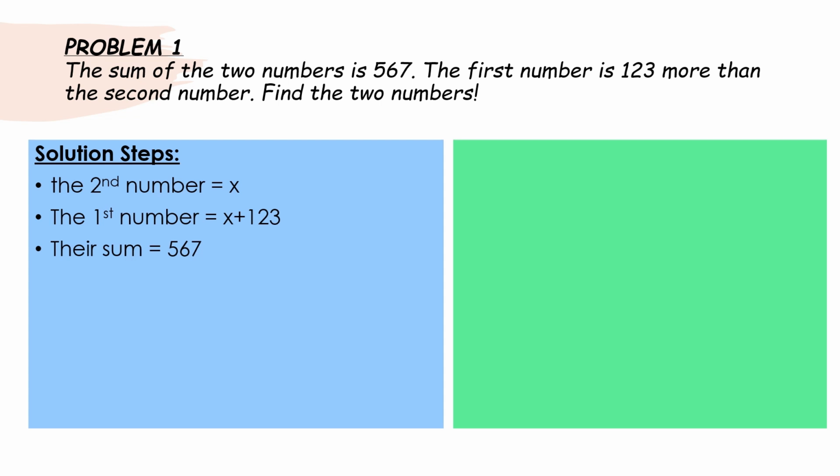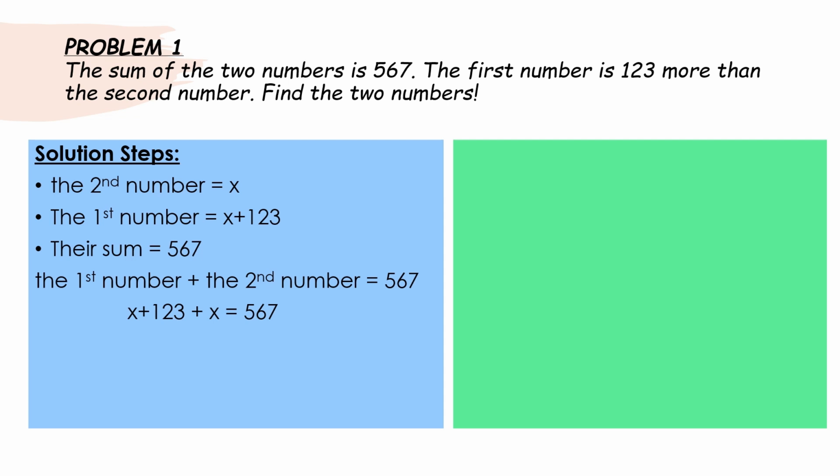The sum of it equals 567. So it means the first number plus the second number equals 567. And here we have x plus 123 plus x equals 567.